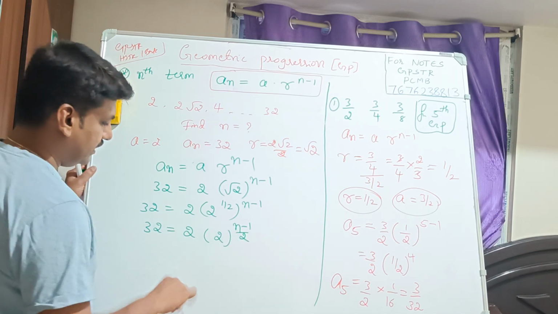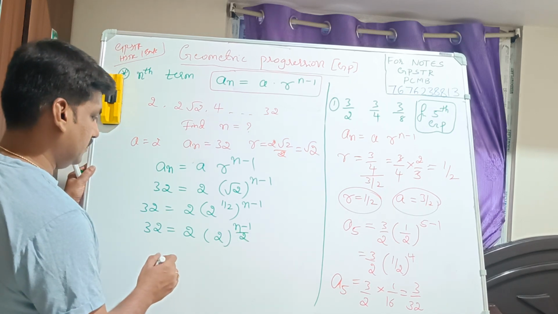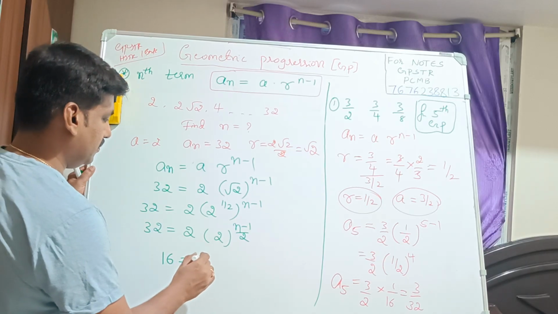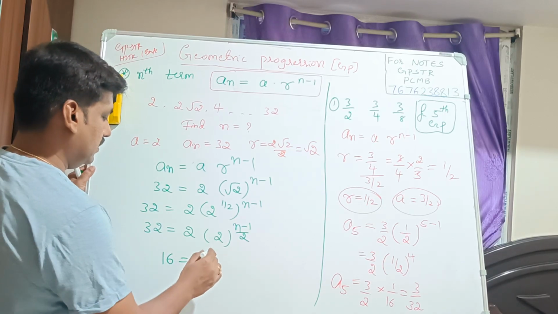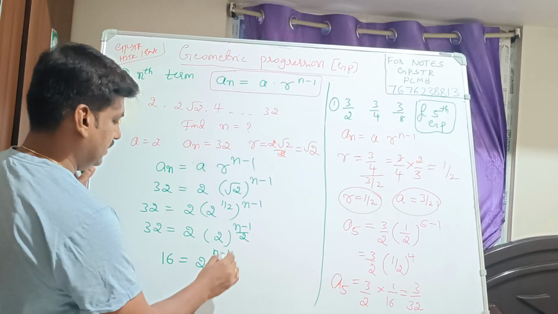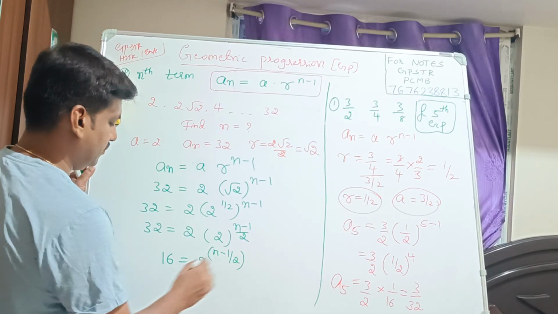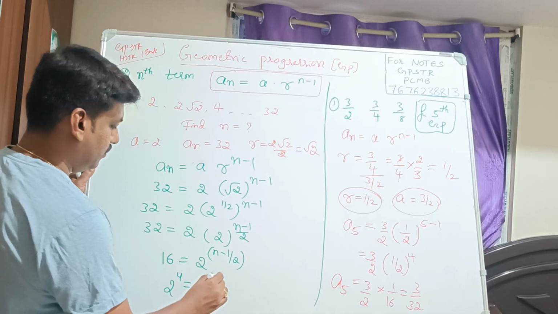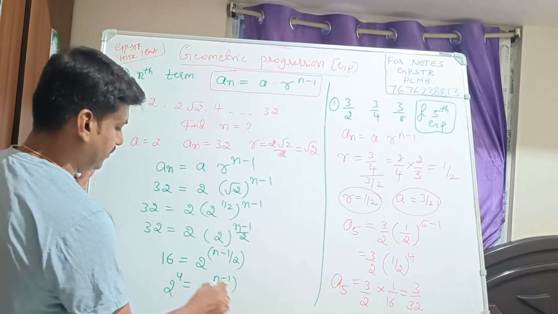Then after that, here it is 16 is equal to 2 raised to n minus 1 divided by 2. So it is 2 power 4 equals 2 power n minus 1 by 2.